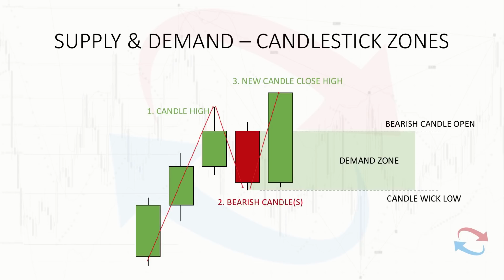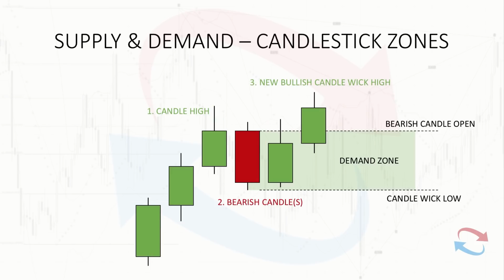When we get this kind of sequence, a bullish, bearish, bullish candle, and the bullish candle has to make either a wick high or a close high, we draw a demand zone from the bearish candle's open to the lowest candle wick low. And this will become our demand zone.